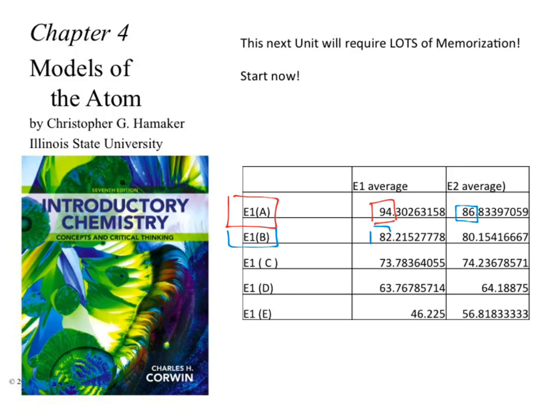They started at an 82. Their exam 2 average stayed roughly the same. An average C grade, 73 to a 74. They actually improved. The average D grade, same deal, improvement. Average failing grade, again, improvement.